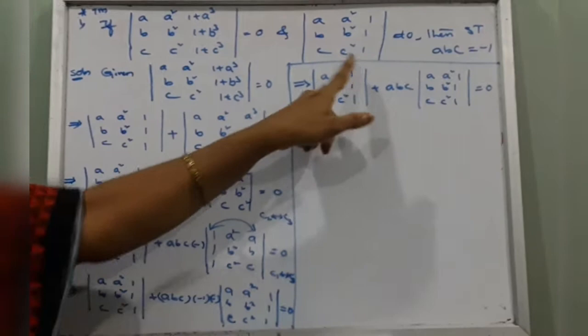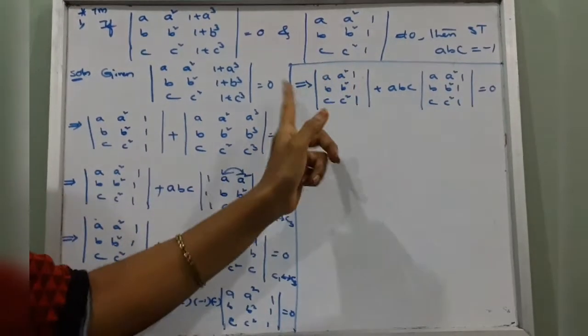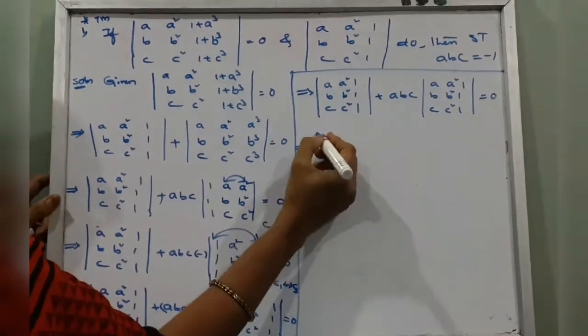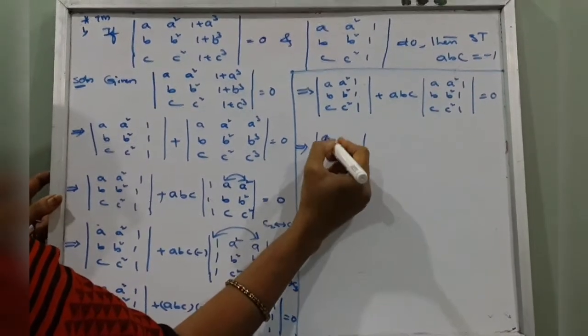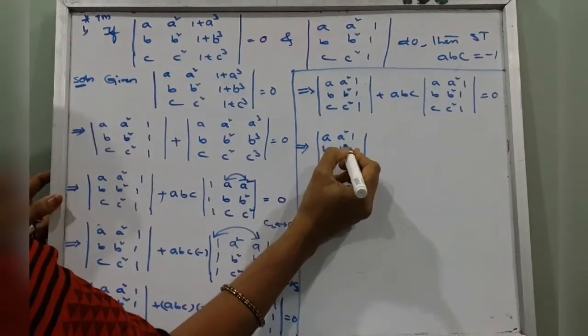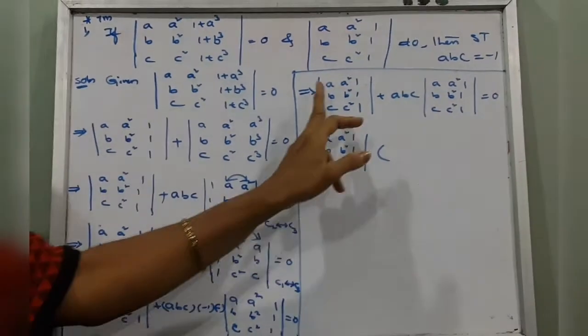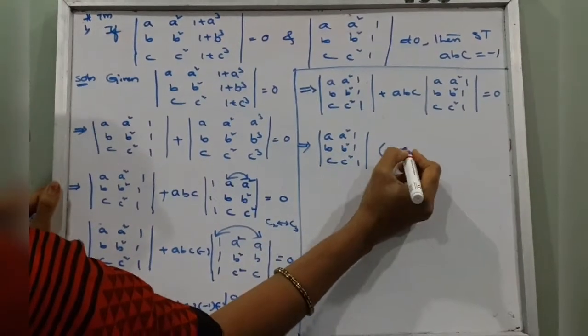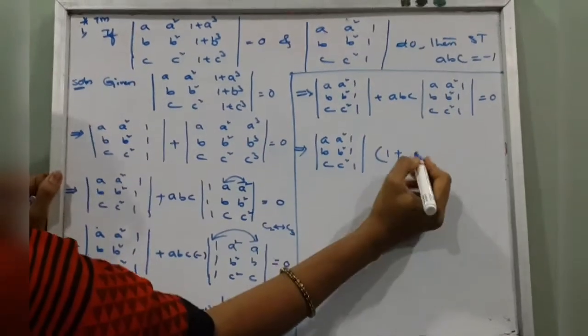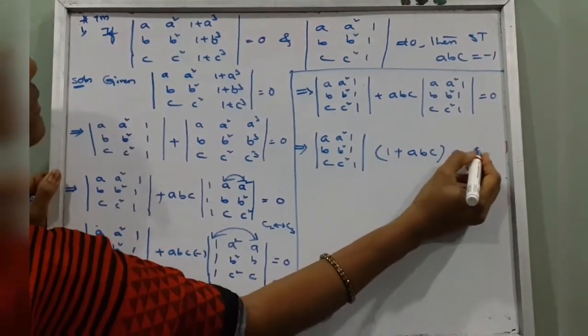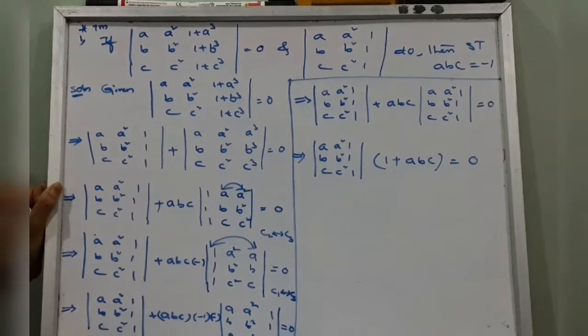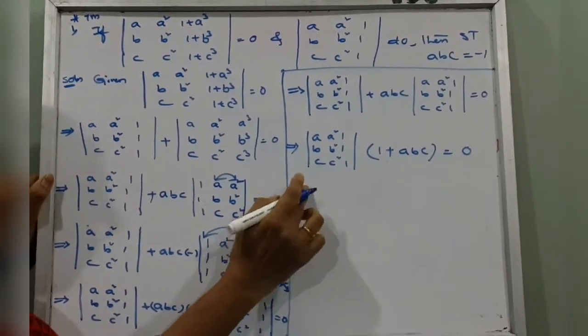From this, the common matrix is a square 1, b square 1, c square 1. Taking this matrix as common, we get 1 plus ABC is equal to 0.